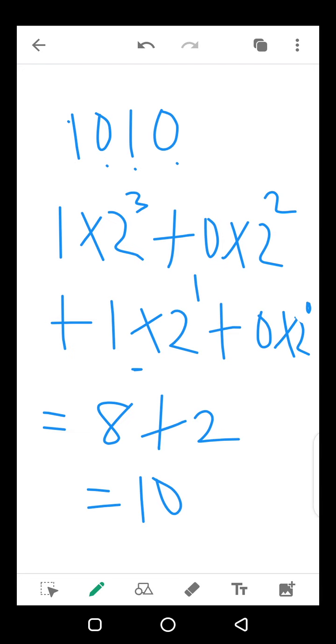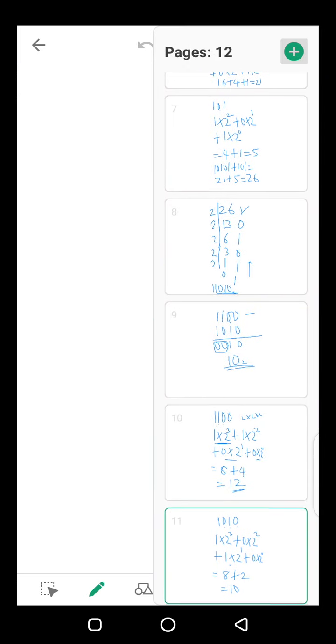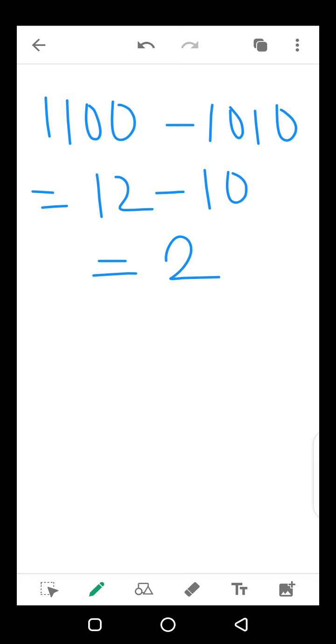So what we are going to have is that 1100 minus 1010 is equal to 12 minus 10, and this is equal to 2. So we convert 2 to base 2 and see whether it will give us the answer we got.